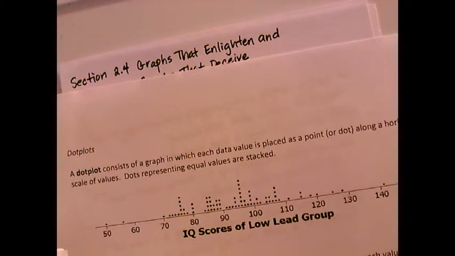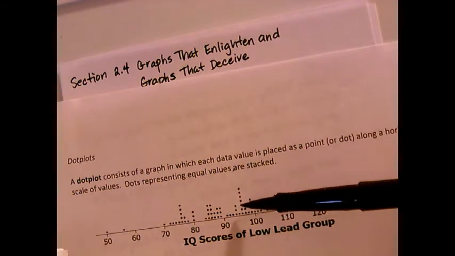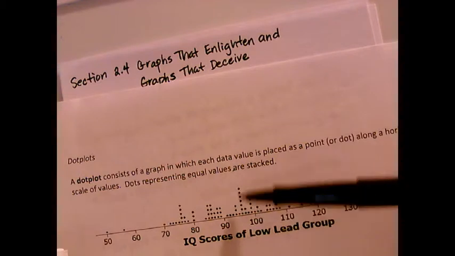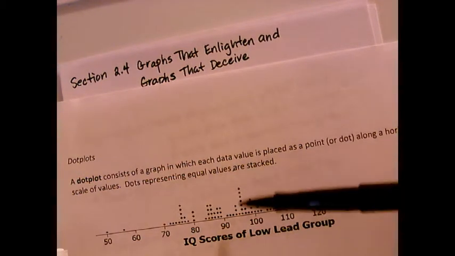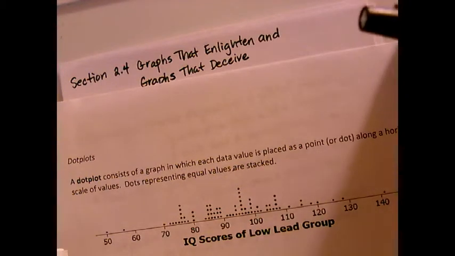Okay, so here you can see that there are 7 dots here for this particular data value. I'm not sure what it is, but you can see that there are 7 dots there. That means that there are 7 values that are equal to each other.